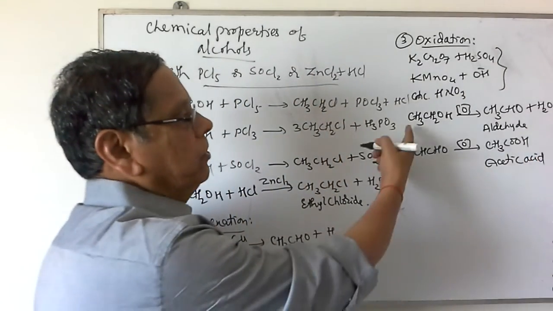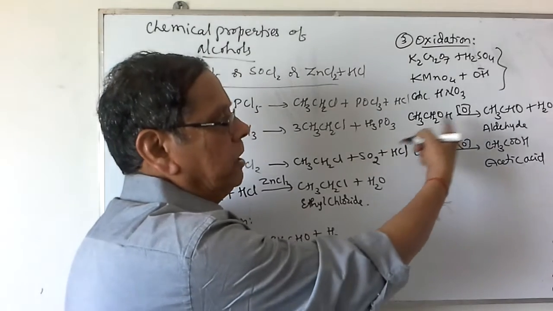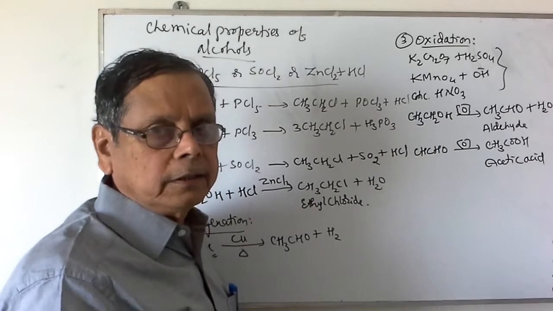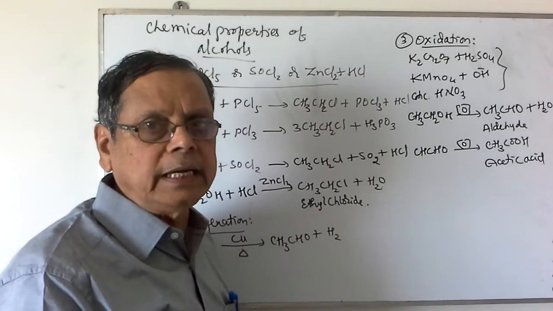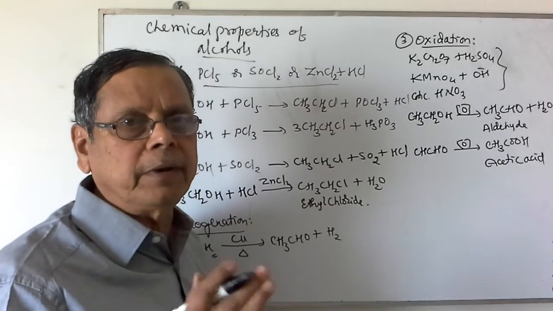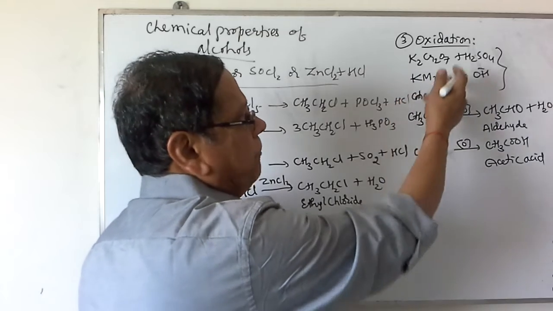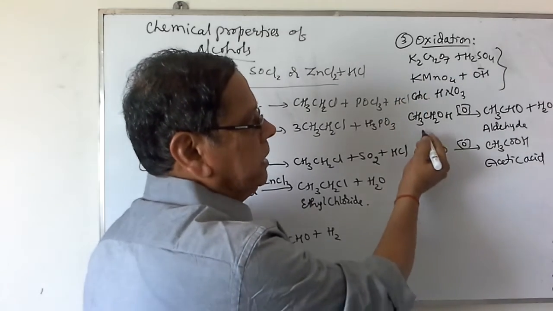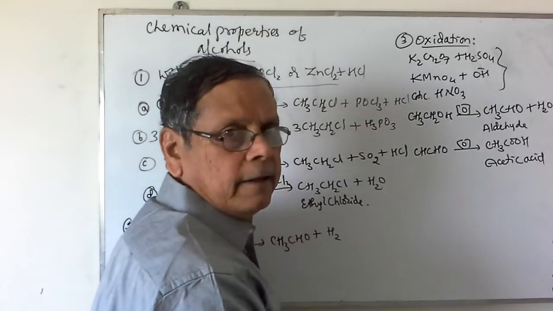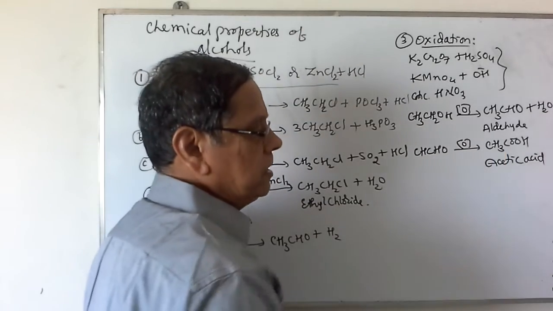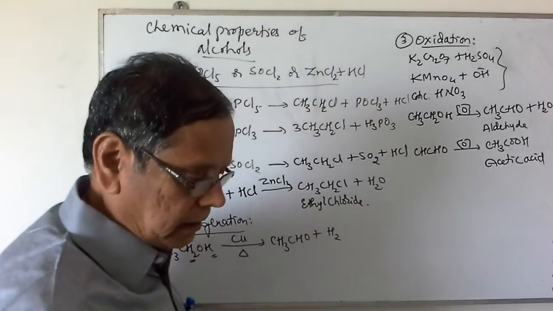But if it is a secondary alcohol, it will give rise to a ketone. That I will explain when we consider the distinctions among primary, secondary and tertiary alcohols. So with any of these oxidizing agents, ethyl alcohol will give rise to acetaldehyde. Acetaldehyde further on oxidation will give rise to acetic acid.